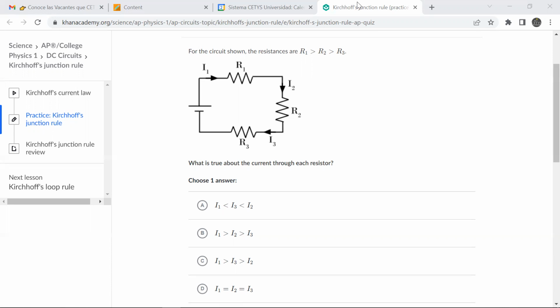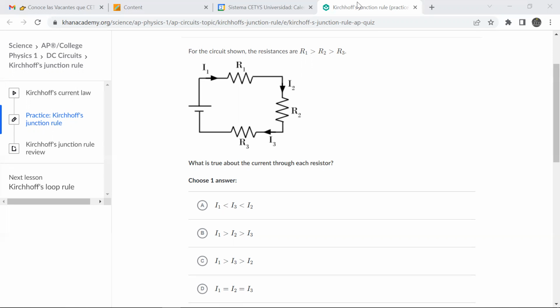So let's look at this situation. We've got a circuit that has three elements, R1, R2, and R3, and one power source. How are the three resistors connected?